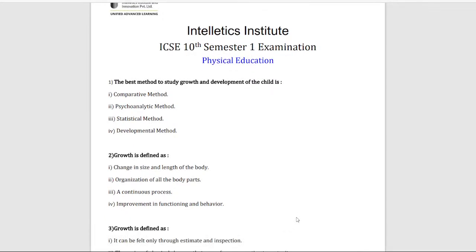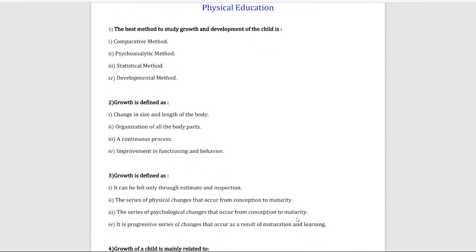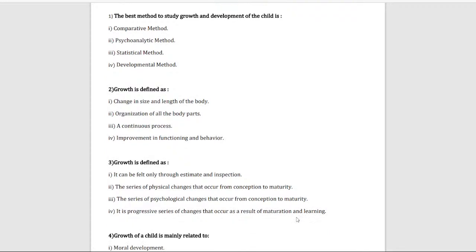Coming to question number 2, growth is defined as dash. And your options are first, change in size and length of the body. Second, organization of all the body parts. Third, a continuous process. Fourth, improvement in functioning and behavior.